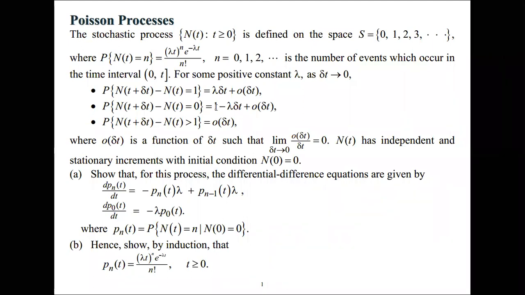Okay, so Poisson process. We're starting with what we call Poisson process today. I hope you know what the Poisson distribution is. You know the probability mass function of the Poisson distribution.